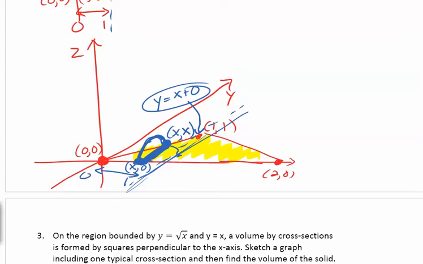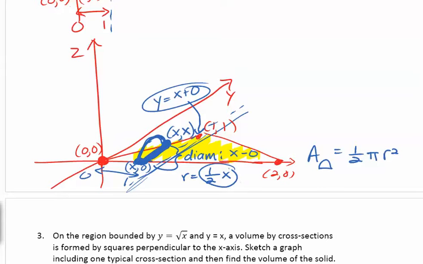So the distance across is our diameter. The diameter here goes from x to 0, so the radius of that semicircle would be 1/2 of x. We know the formula for the area of a semicircle would be 1/2 of pi r squared. So for each of our cross sections, we're going to let the radius be 1/2 of x.